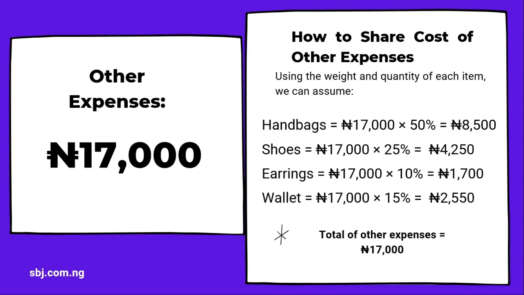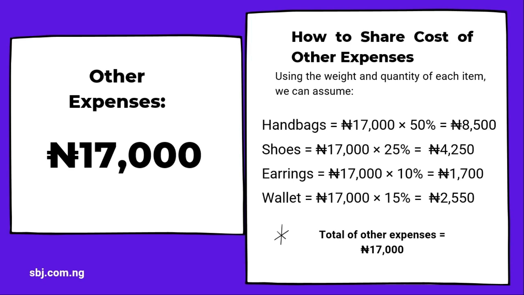And we assign them in form of percentages. So we're assigning 50% to the handbags, 25% to the shoes, earrings. Of course, they are very light, so using 10% for them. Wallet, 15%. You can decide to use any percentage for yourself.